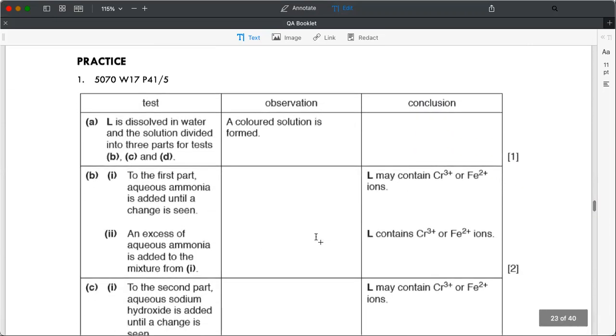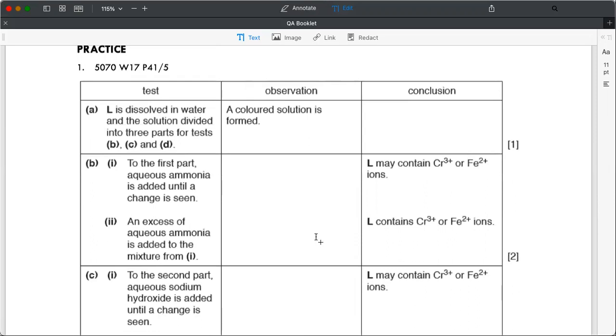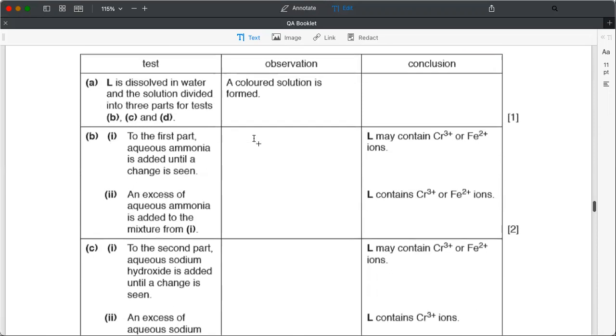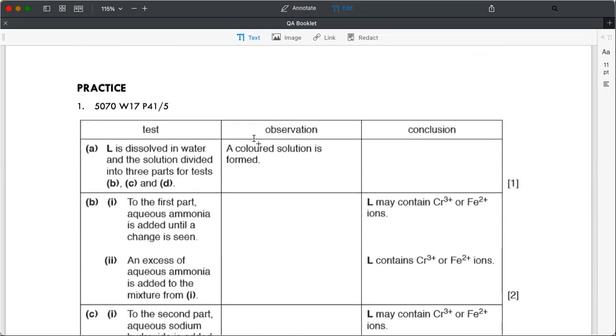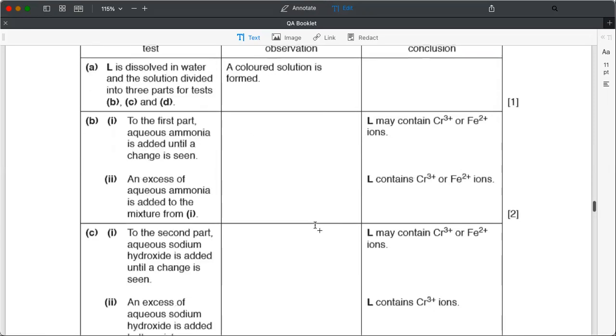So how can you do QA practice without going into the lab? These are a few practice questions from past year papers. The teacher can design the question by working backward, meaning either you give the identity of the unknown at the start, then ask students to write down the observations and conclusion.